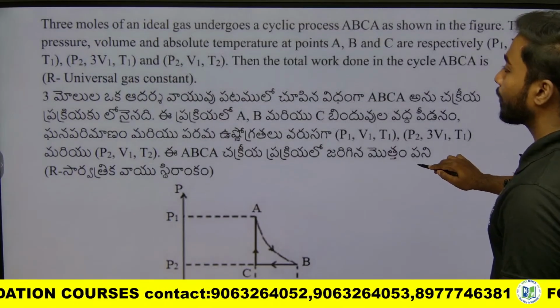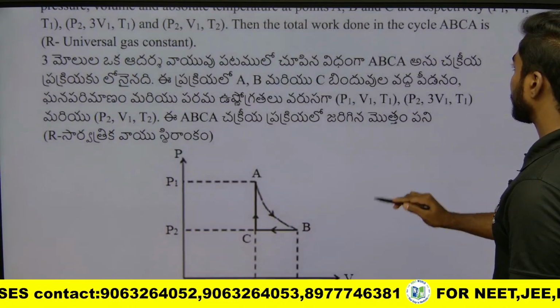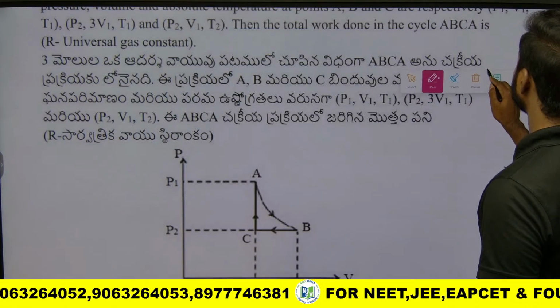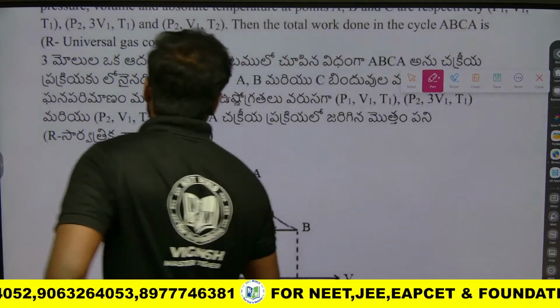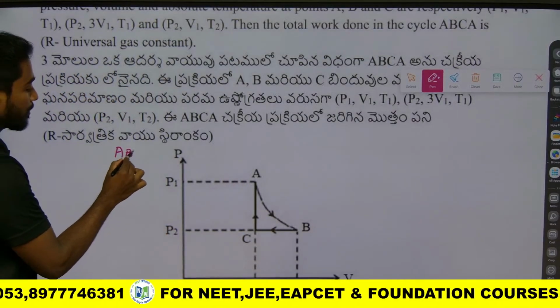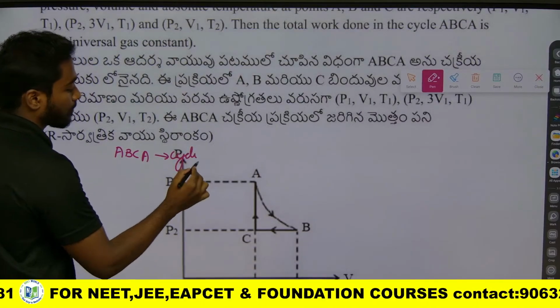First let me take this one. How many moles has been given? 3 moles, no? Okay. I will write here. First thing, ABCA is a cyclic process, no?